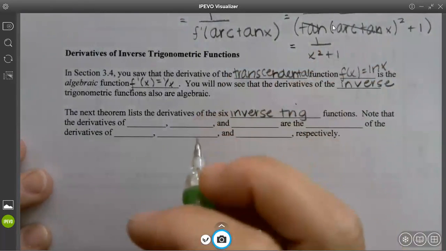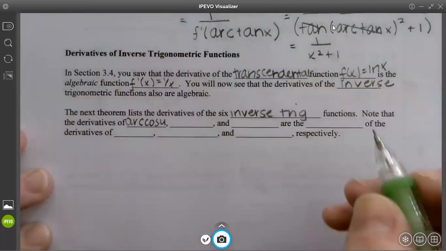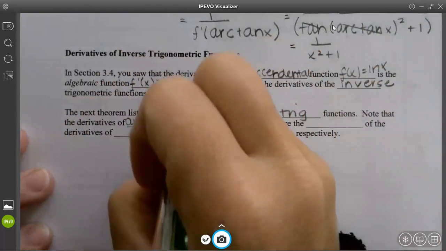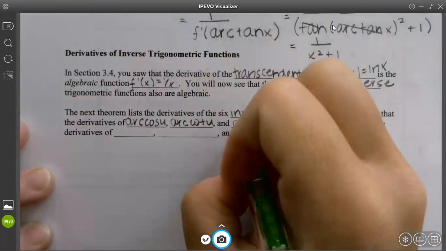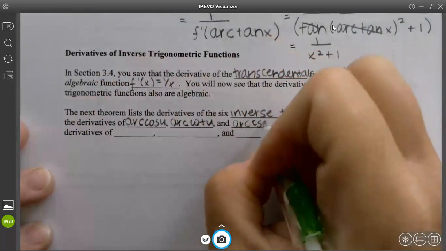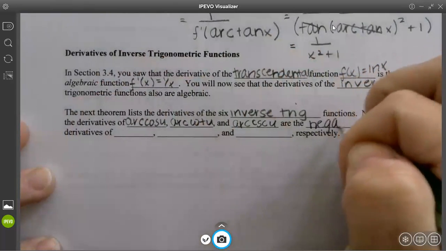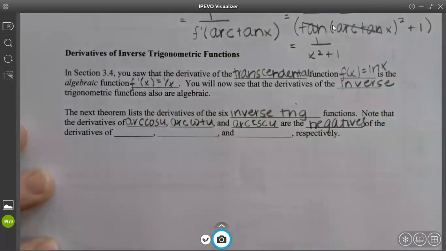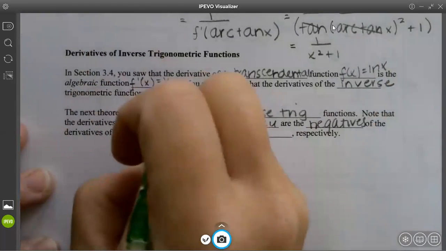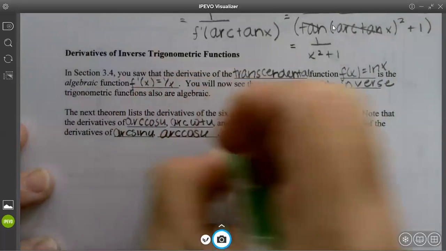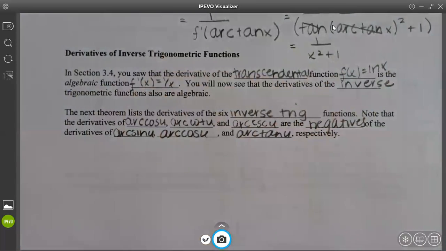Note that the derivatives of arc cosine u, arc cotan u, and arc cosecant u are the negatives of the derivatives of arc sine u, arc tan u, and arc secant u, respectively.